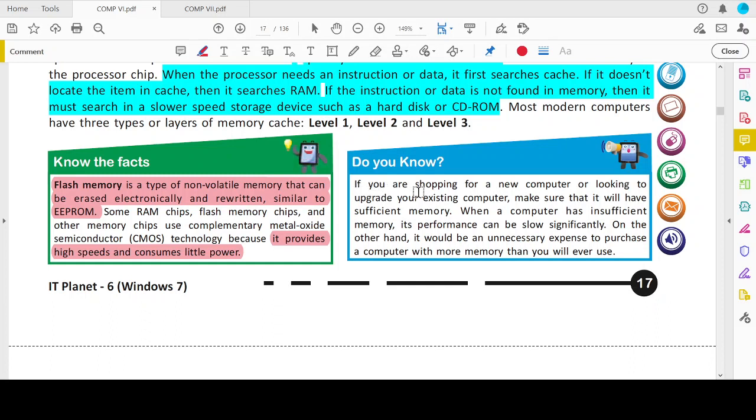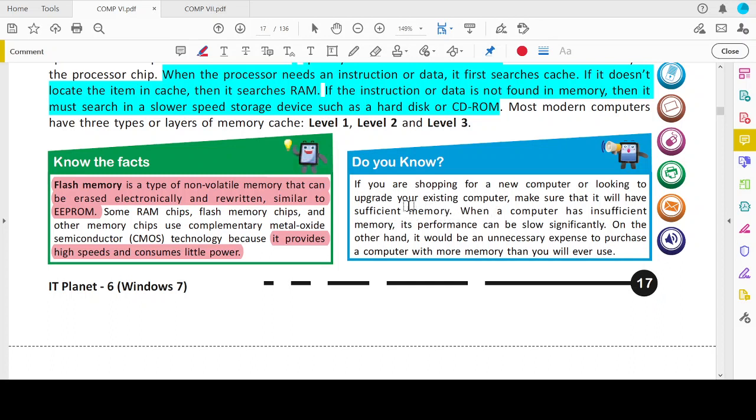If you are shopping for a new computer or looking to upgrade your existing computer, make sure that it will have sufficient memory, that is sufficient RAM and the cache.